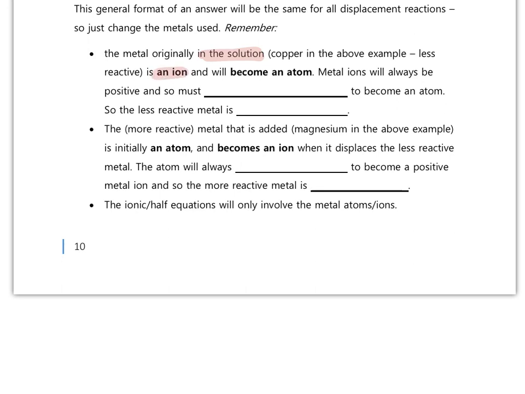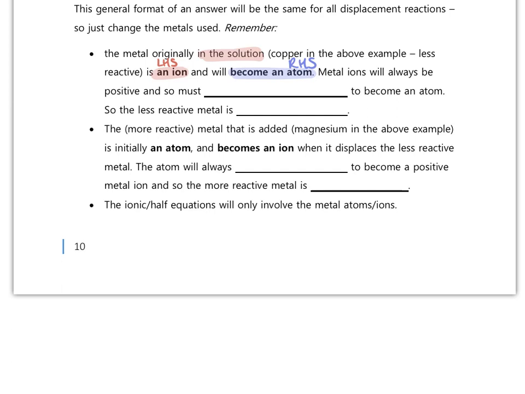So that means it's an ion on the left hand side, and the ion will become an atom. And remember, an atom has no charge, and that will be on the right hand side. So the metal originally in the solution will be your less reactive metal, and it will be an ion on the left hand side, and it will become an atom on the right hand side.